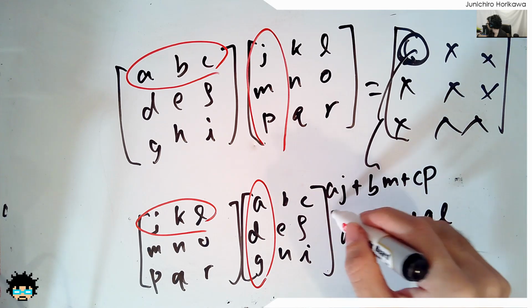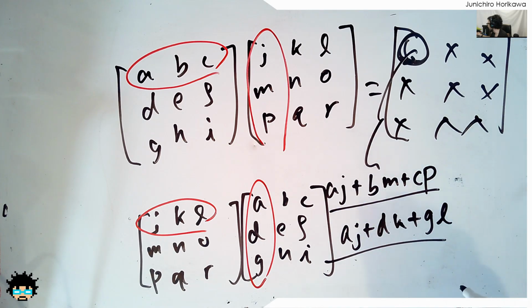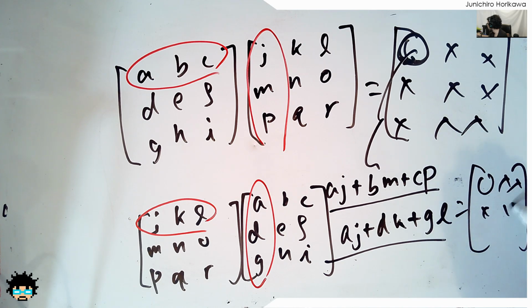So as you can see, the result you get is different, even though you seem to do the same multiplication between the matrix. So the order matters in terms of matrix multiplication.